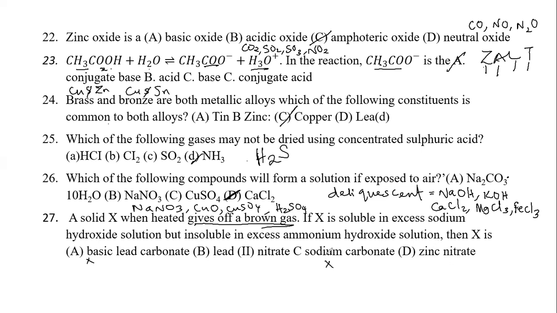All right. Now, lead and zinc. Zinc, as I said earlier, zinc, aluminum, lead, tin, the four of them are soluble in excess sodium hydroxide. That's why this lead and zinc are soluble in excess sodium hydroxide.